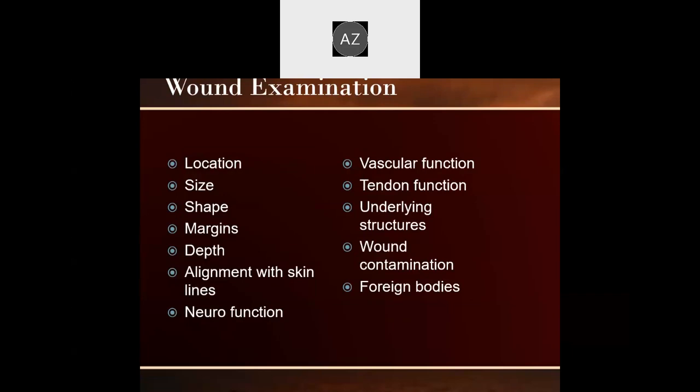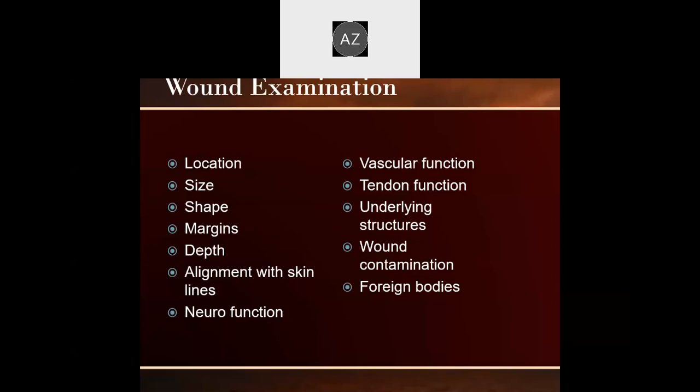You need to check on the size, the shape, then the margins, the depth, and then the alignment with the skin. Then you need to see the neurofunction. So you see the neurofunction, the size, the shape, the margins, the depth, the location, and the alignment.